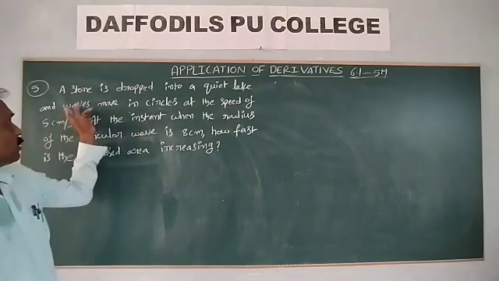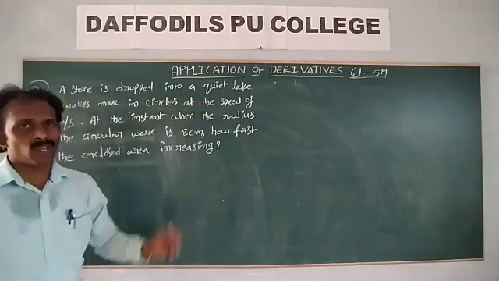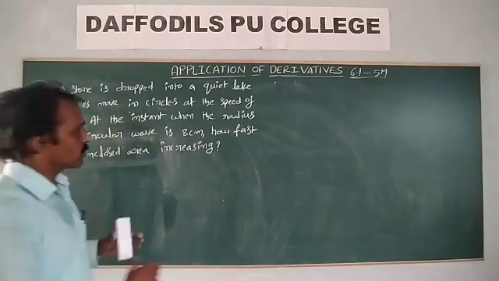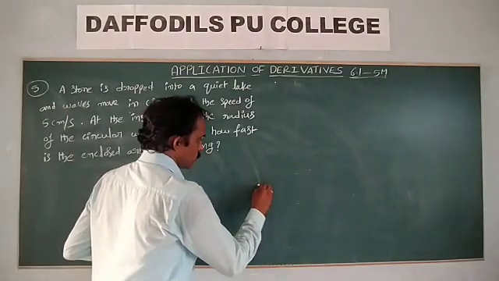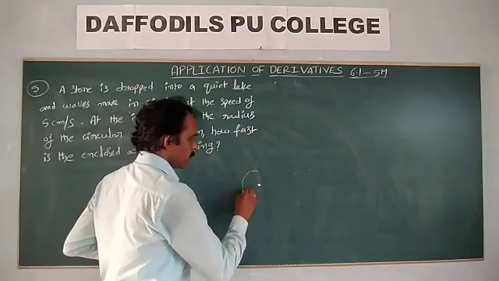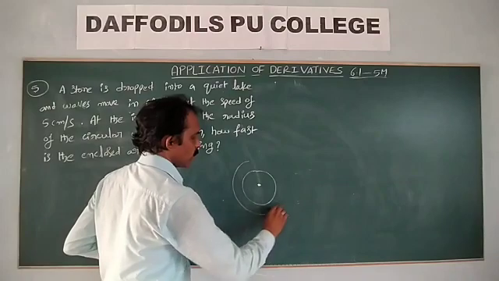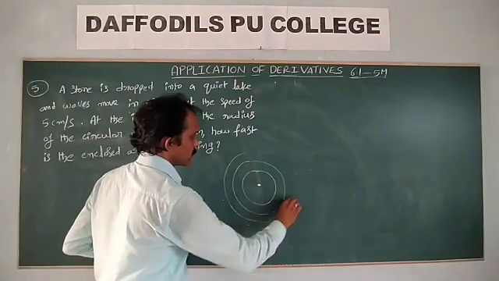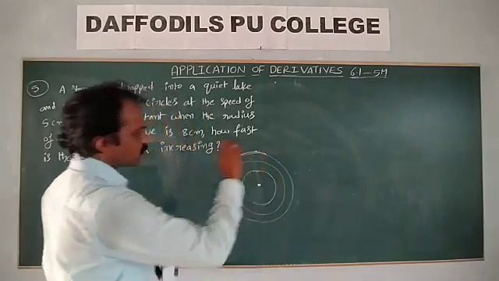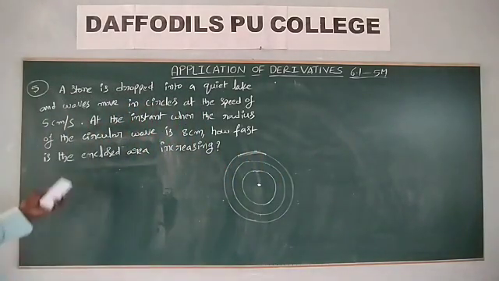Okay, first read the question. A stone is dropped into a White Lake, and waves move in circles. So this is the White Lake. A stone is dropped, and the waves are circular waves, like concentric circles. Waves move like this.